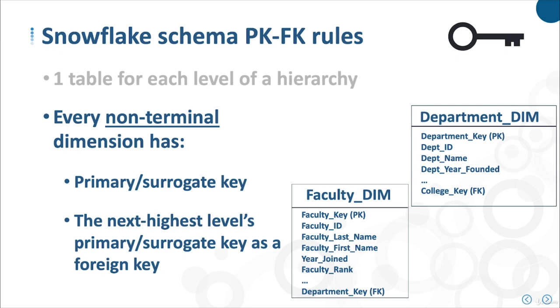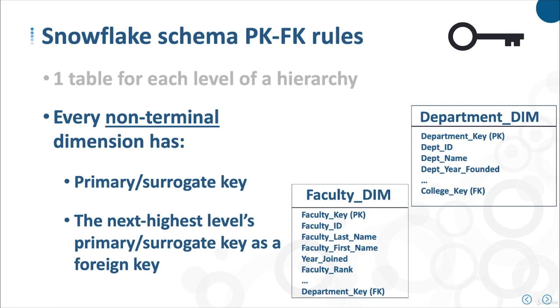So in this case, it's faculty key in the faculty dimension table and department key in the department dimension table. Then it also has the next highest level's primary key, which again is a surrogate key, as a foreign key. So department key is the next highest level above faculty, so it's a foreign key in the faculty dimension table. And likewise, college key, which comes from the next highest level, is a foreign key in the department dimension table.